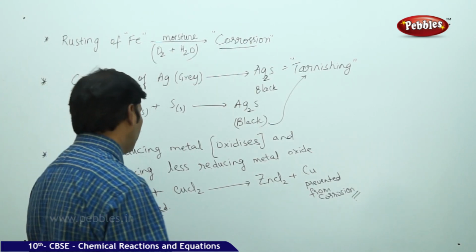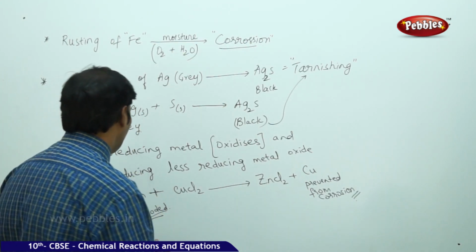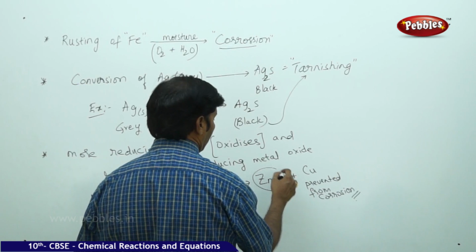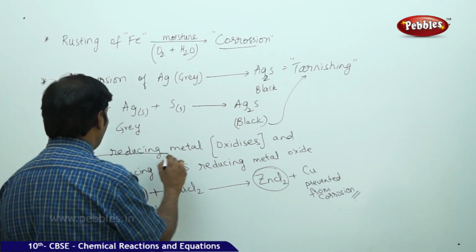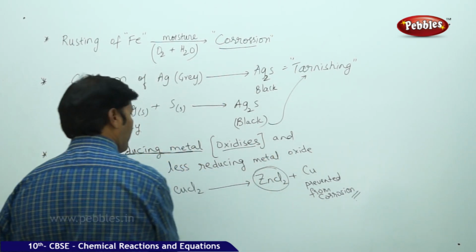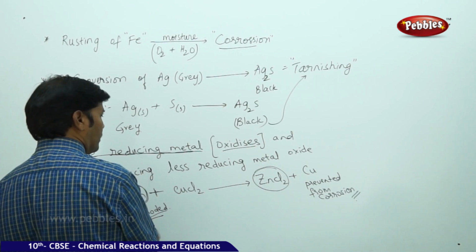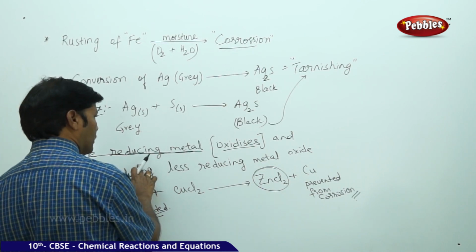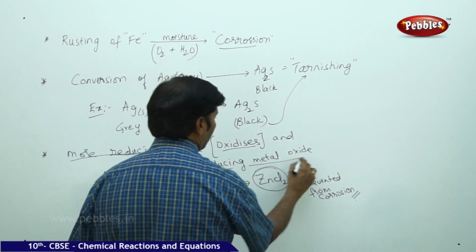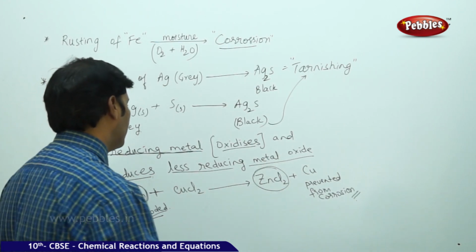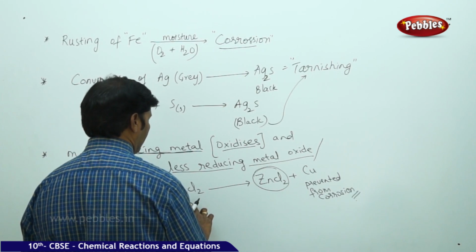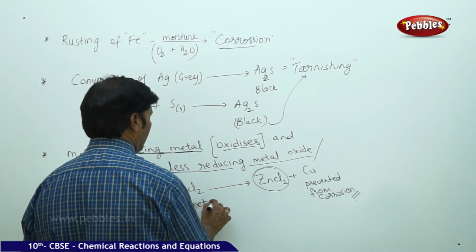This is called sacrificial metal reactivity. More reducing metal gets oxidized and reduces the less reducing metal oxide or metal chloride, because this is a metal chloride.